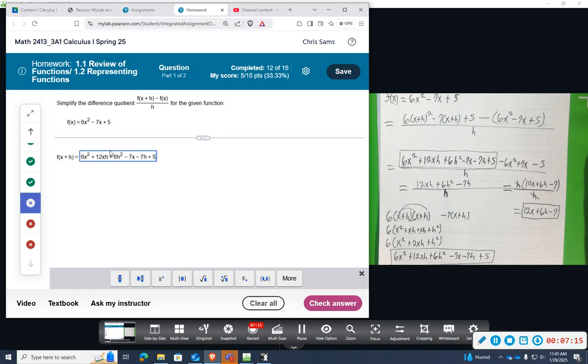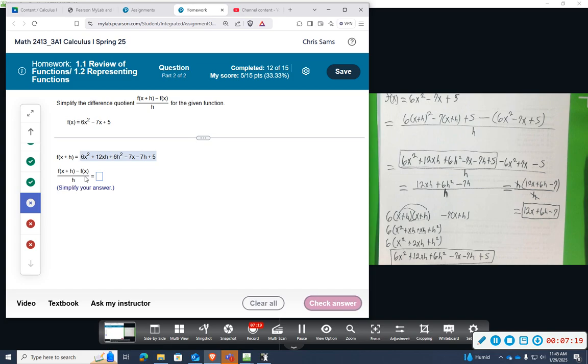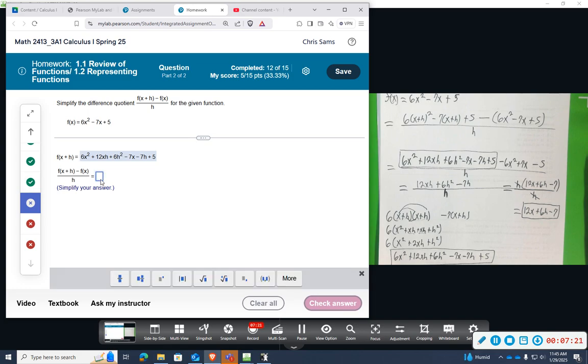Okay, so this is the f of x plus h part first. And then once we simplify the whole expression, we ended up with 12x plus 6h minus 7. I got a z in there somehow. Change that to x.